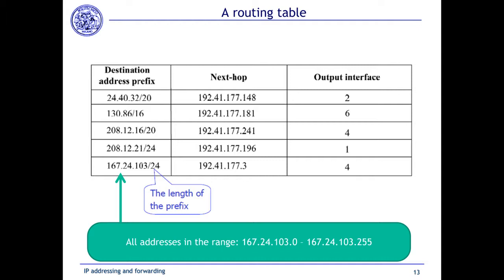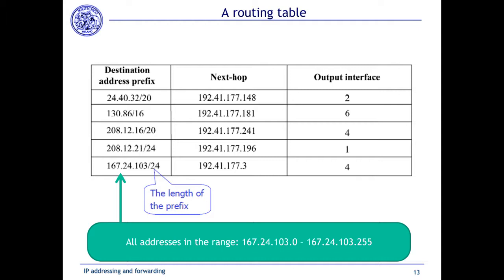Then you have a column which contains the IP address of the next stop router, or better, the IP address of the interface of the next stop router to reach in order to hand over the packet. And you can also find the local identifier of the output interface. This is to, let's say, facilitate the forwarding operation.